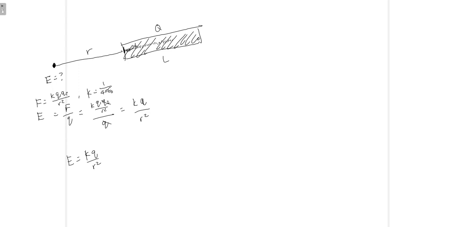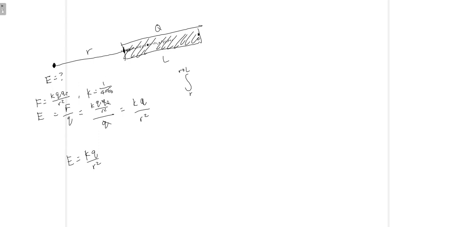We're going to need to integrate over this distance, from r all the way to r plus L. Now, what are we integrating? We're integrating the electric field caused by each of these points.